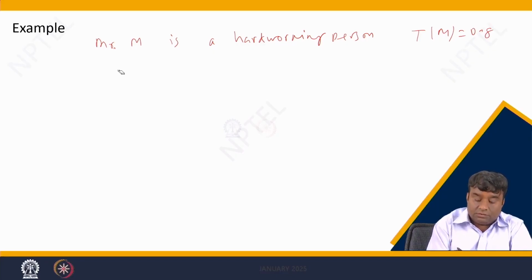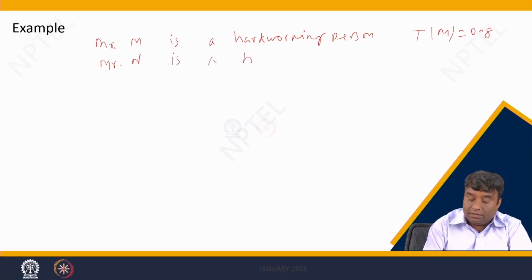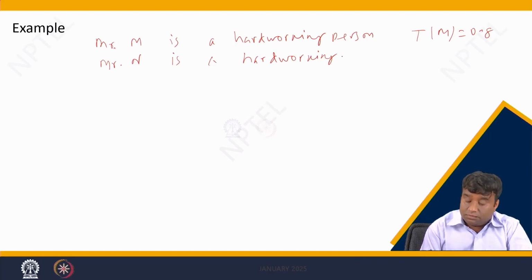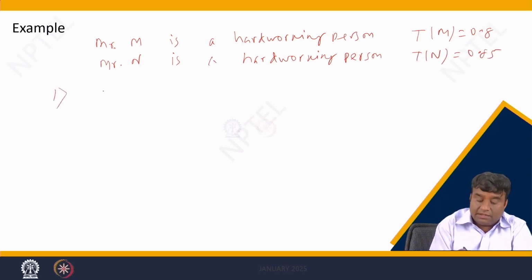Next, Mr. N is a hardworking person, with truth value Tn equal to 0.85.